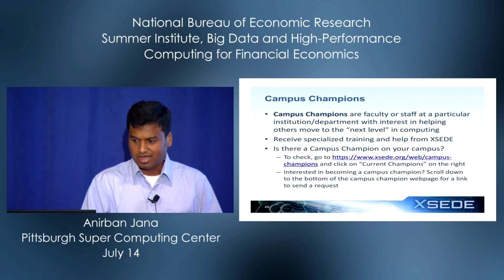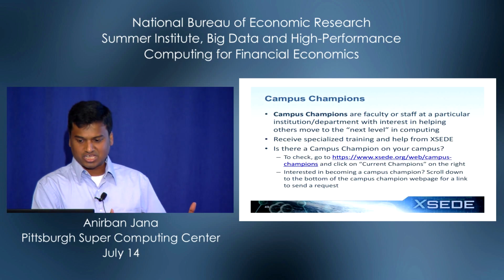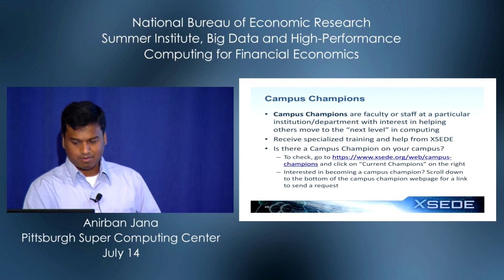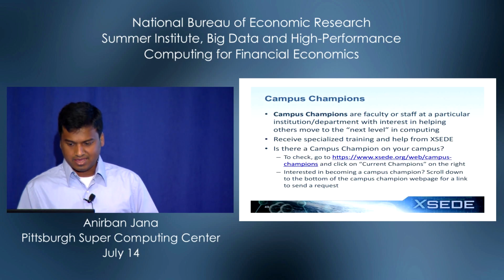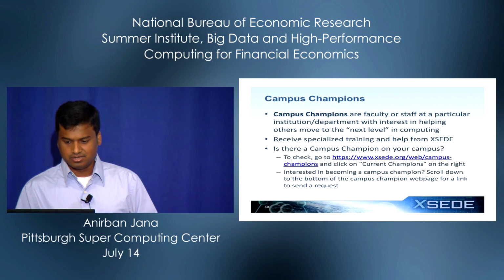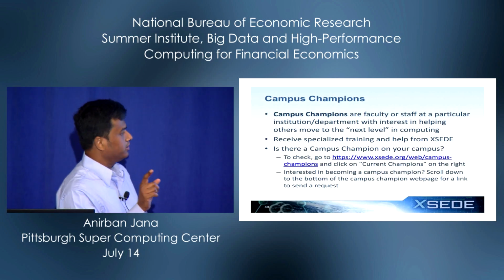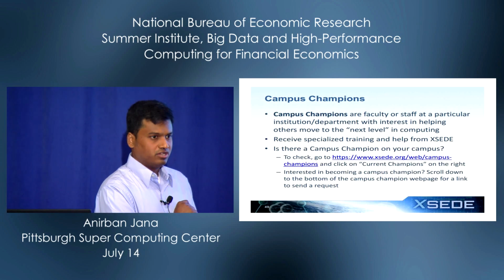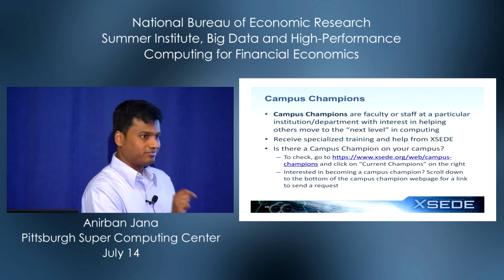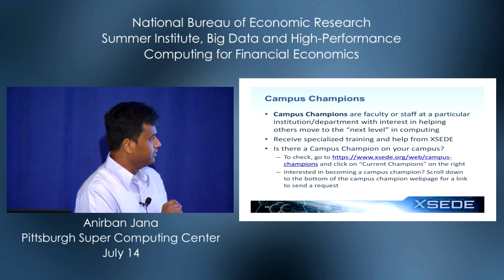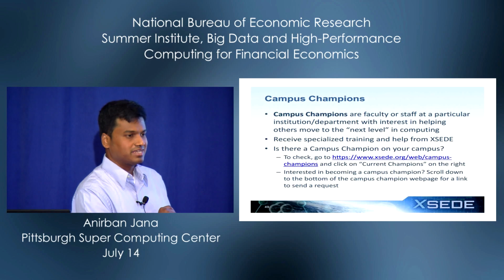So you can find out whether there's a campus champion by going to the campus champion website, and there's a current champions button, and that will tell you whether there is a champion. Or if you're interested in becoming a campus champion, there's also a link to send a request for that.